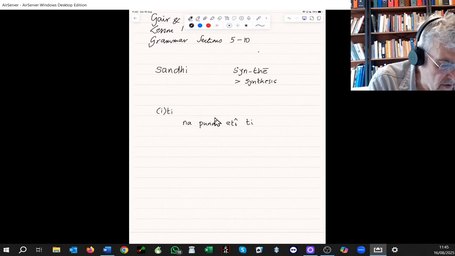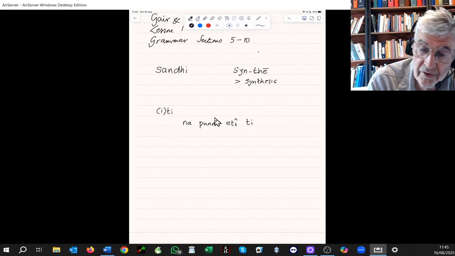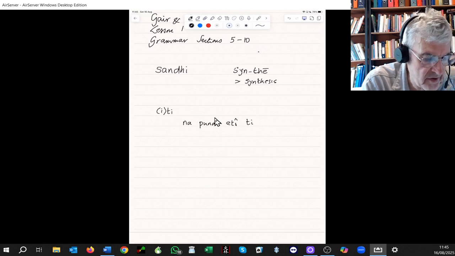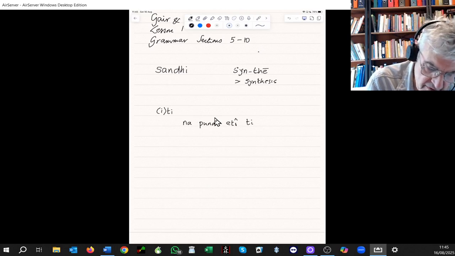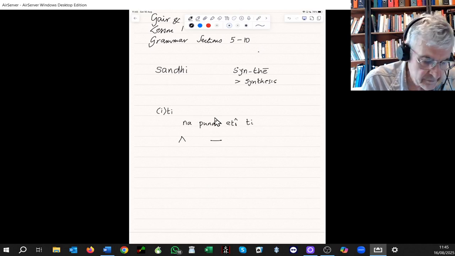So the text goes on to say, as we've just said, that a final short vowel becomes long before ti, na punare ti ti. Such vowel lengthenings resulting from sandhi will be marked in this text by a circumflex rather than a macron. That's the circumflex accent rather than a macron accent.